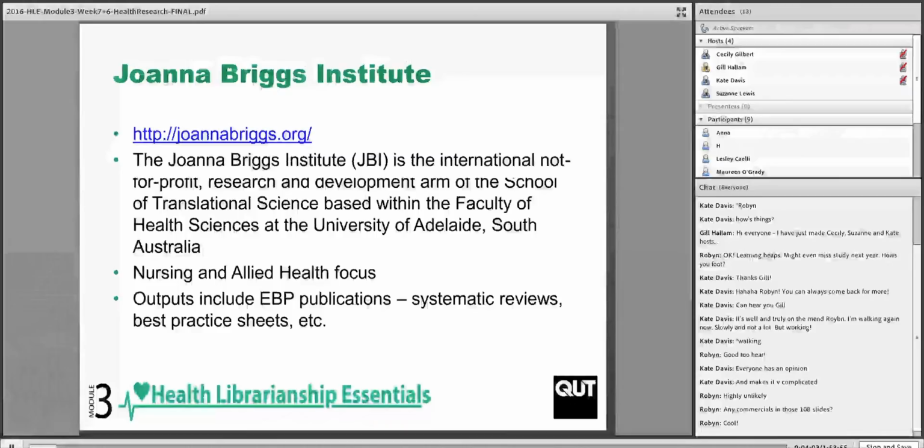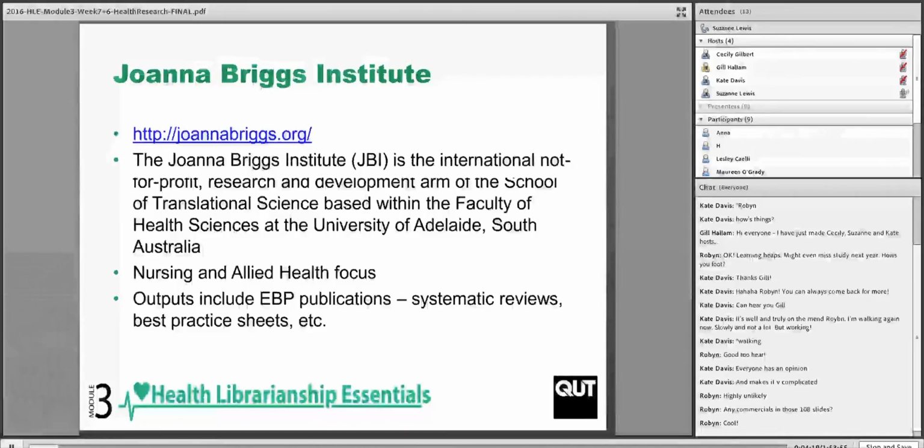It's based in the University of Adelaide in South Australia, but it is an international body, and it has lots of collaborating centres all over the world.